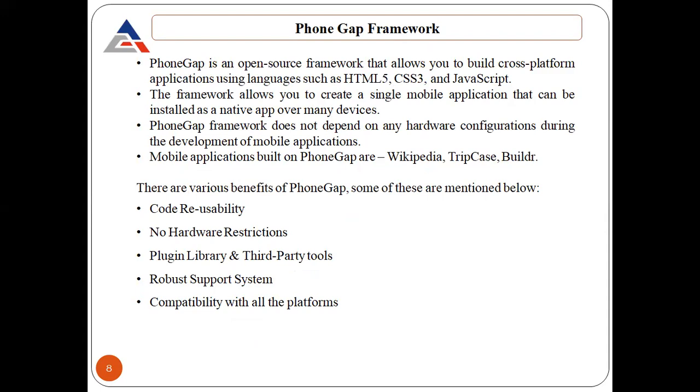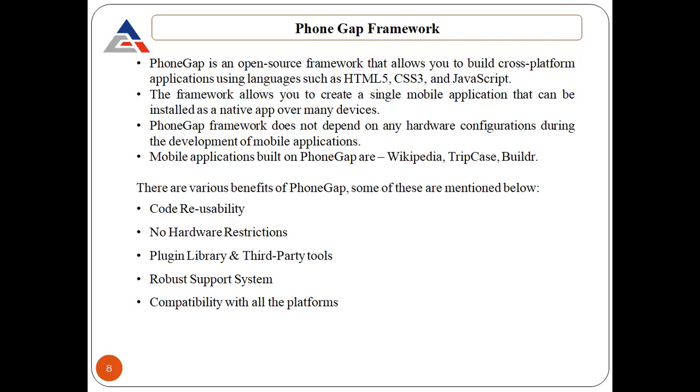So you can use it in both cases. The PhoneGap framework does not depend on any hardware configuration during development. As we said, if you run it as a web application, it is totally independent of that platform. Mobile applications built on PhoneGap include Wikipedia and TripCase Builder.